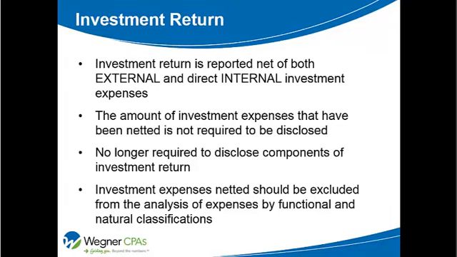Investment expenses are now netted in the revenue section, so they would not be included in your total expenses on the statement of activities. Therefore, you need to exclude them from the statement of functional expenses. All right, so that's the change related to investment return.